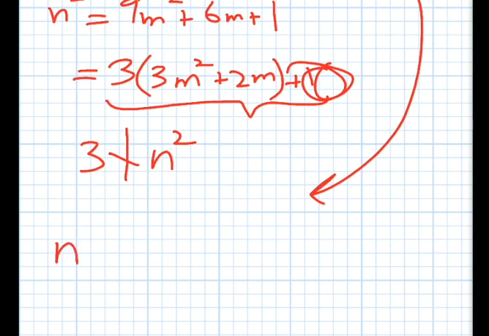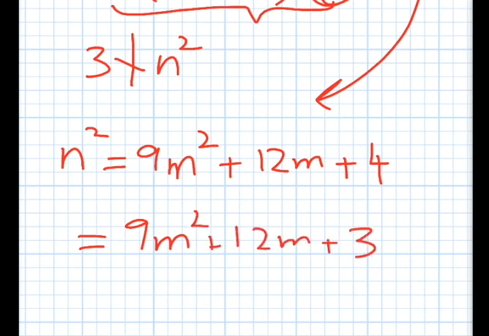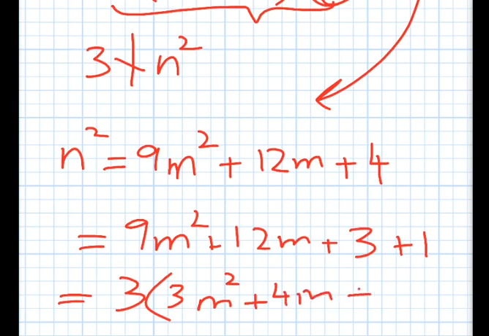Now I have n squared is equal to 9m squared plus 2 times 2 times 3, which is 12m plus 4, which I can write as 9m squared plus 12m plus 3 plus 1, which I can write as 3 times, actually this term does not matter one bit, plus 1.